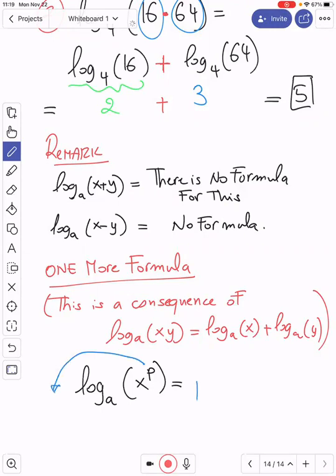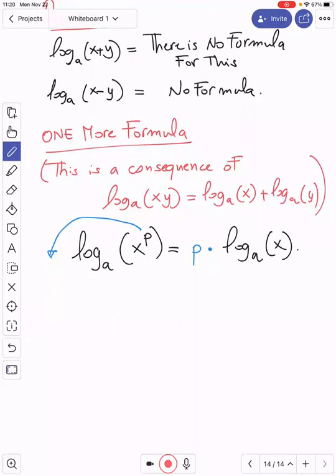That will be p times log in base a of x. So if you have a log of some power of x, then you can always put the power in front of the log.